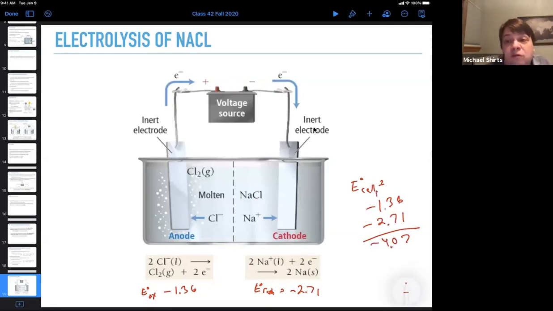You have to apply 4 volts in order to make this happen. But because there's nothing else to react, and you have an inert electrode like platinum, which would require even higher voltage to start to go into ions, that's what happens, because those are the only things you can do. So you just apply a really high voltage and you get chlorine gas and sodium metal.